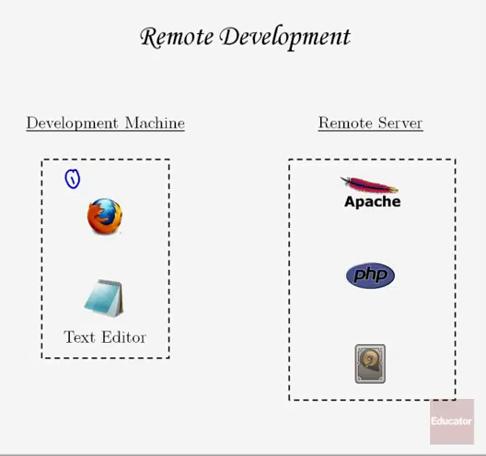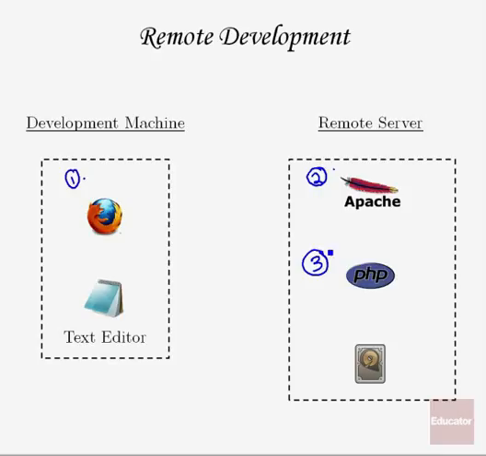On the server side, in this case called the remote server, we need the Apache web server, that's able to serve HTML documents, and also is able to pass on, if PHP files are requested, those requests to the PHP interpreter. So the PHP interpreter can generate HTML output, pass it back to Apache to pass it back to the client. So in order to be able to serve and view PHP pages, we need a web browser, the Apache web server, and the PHP interpreter.